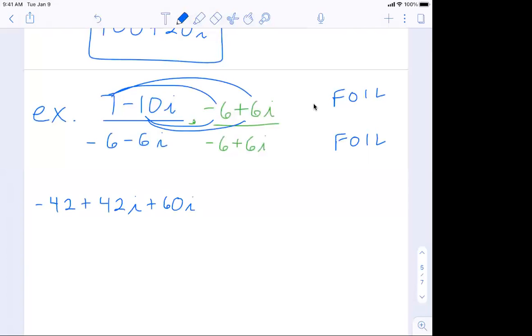And -10i times 6i is going to be -60i squared. Now don't forget that i squared, I'm going to have to change to a -1 in a minute. But let's FOIL the bottom before we do that.